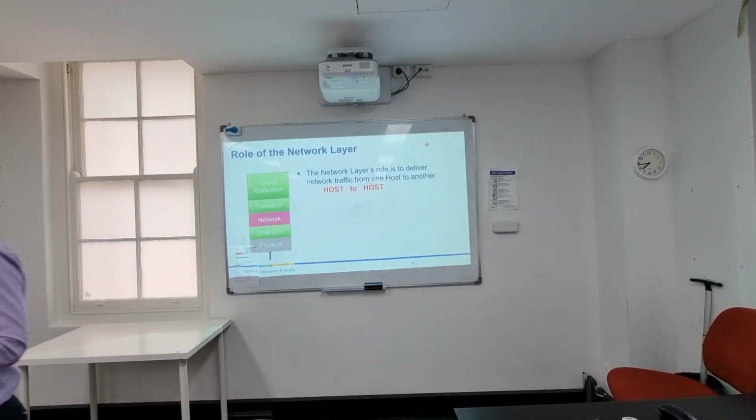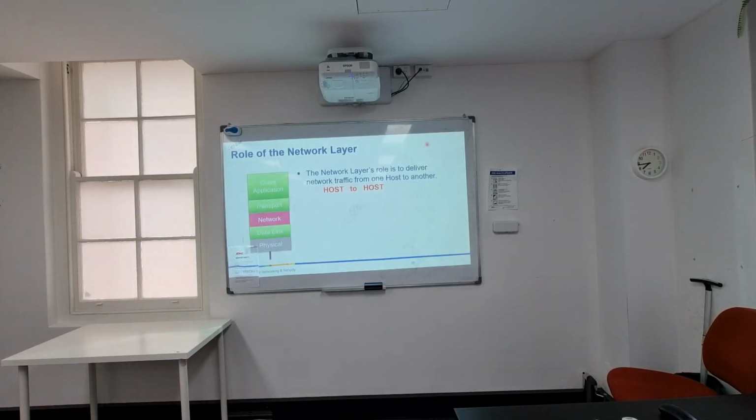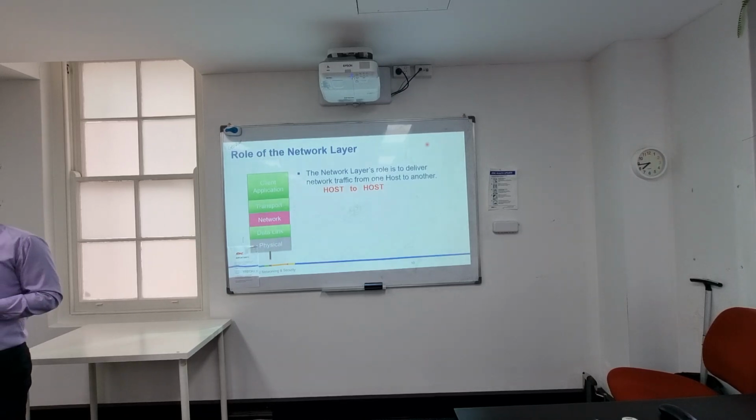So if I ask you now, what is the main difference between the data link layer and the network layer, what would be your answer in one sentence? The data link layer works within a local network, and the network layer goes from one router to another router, working through different network IDs.